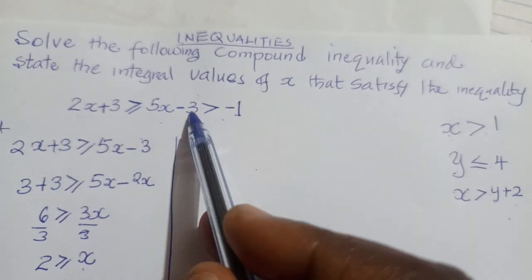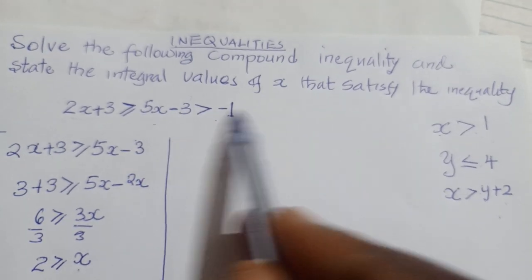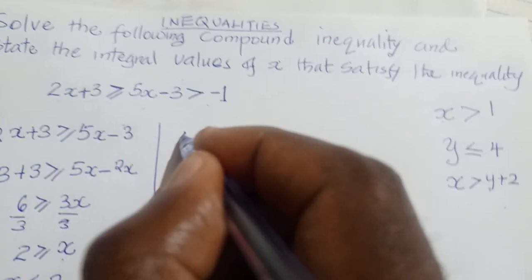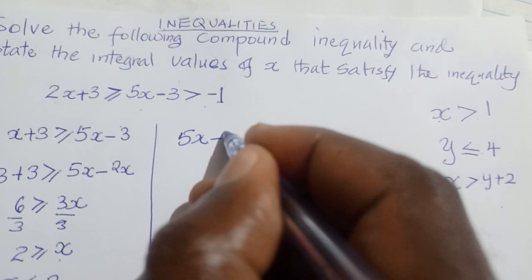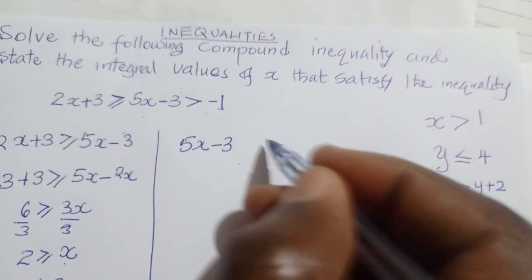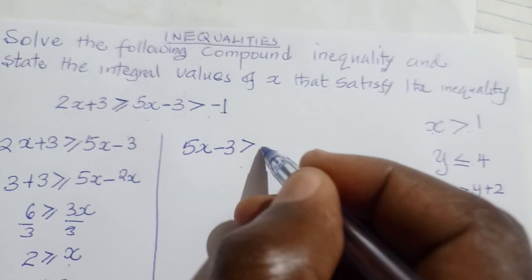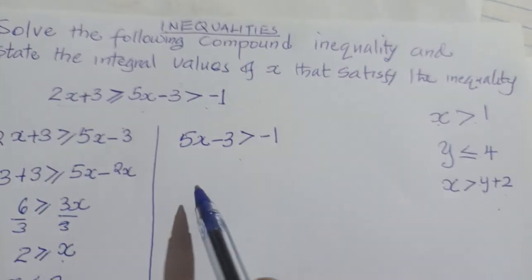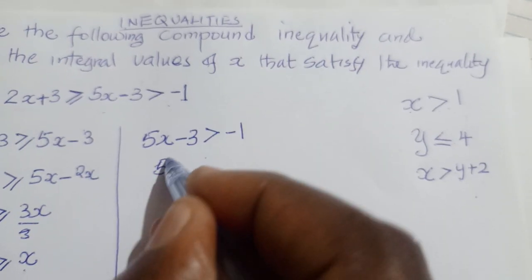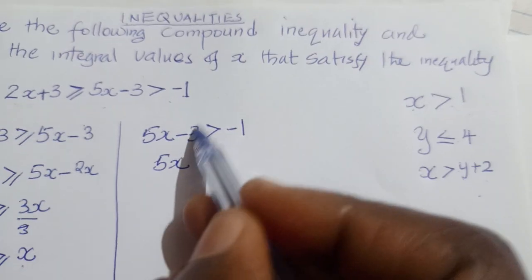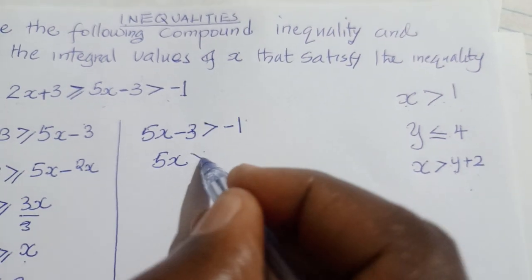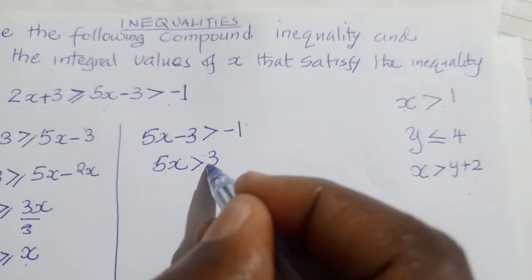So again, we consider the middle part with the extreme right. So we'll have 5x minus 3 is greater than negative 1. Now collecting like terms, we'll have 5x. Now this 3 goes to the other side, greater than positive 3.